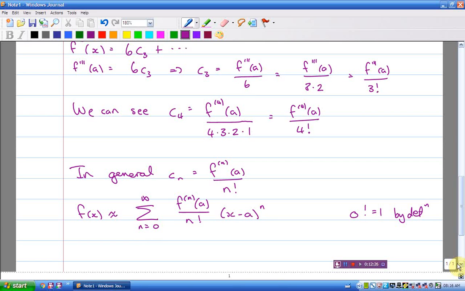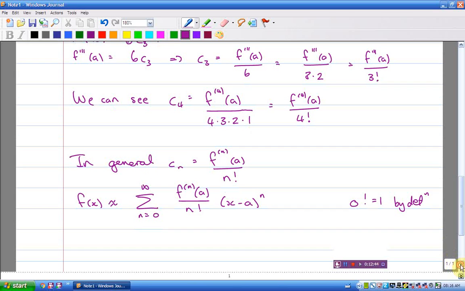And how many ways are there of arranging 0 objects? Well, you can kind of justify that the definition is 1. But fundamentally, 0 factorial is defined as 1.